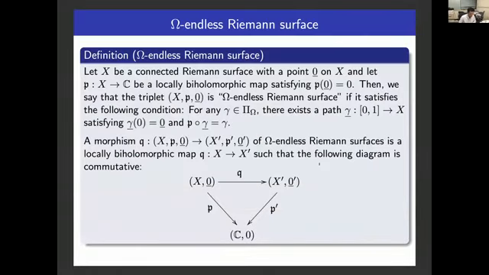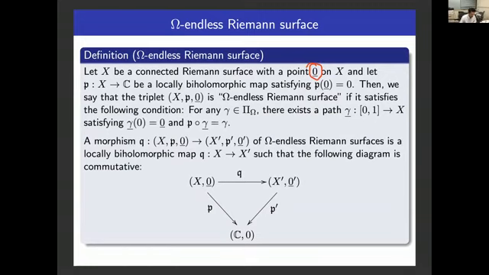For that purpose, we introduce the omega endless Riemann surface. The omega endless Riemann surface is defined in this way. Let X be a connected Riemann surface with a specified point on X, which we denote by 0 underbar.